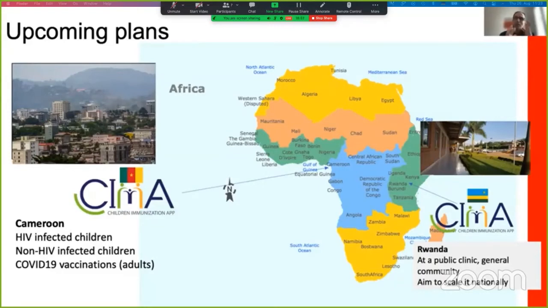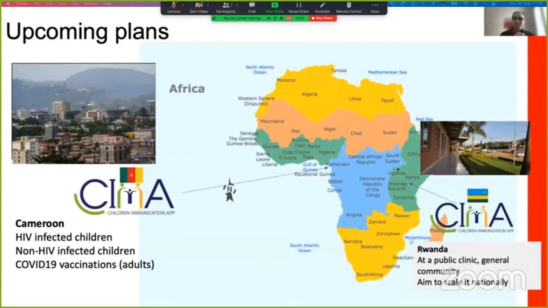And also in Cameroon, they requested to add COVID-19 vaccination history, so adults can also use the app. So then it becomes more of a holistic approach for parents or adults and children.